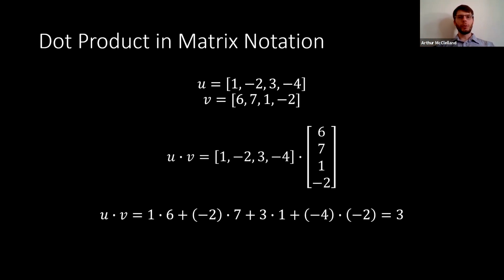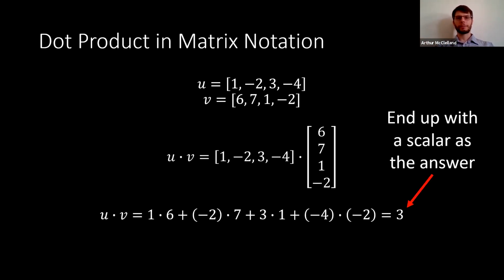So that's a useful way to check if 2 vectors are independent, if they're orthogonal. And remember, we always end up with a scalar as the answer in a dot product. So if you end up with a vector, you've done something off.